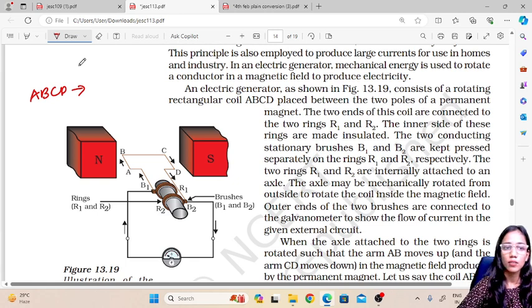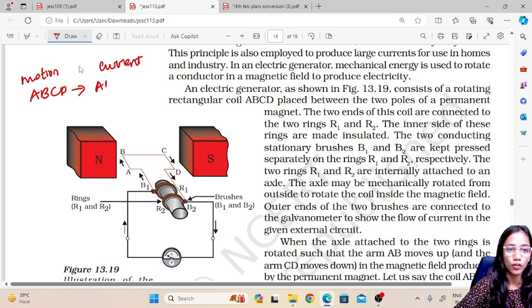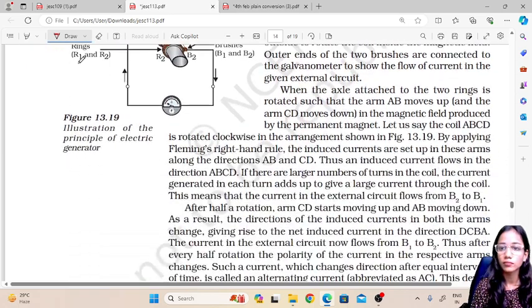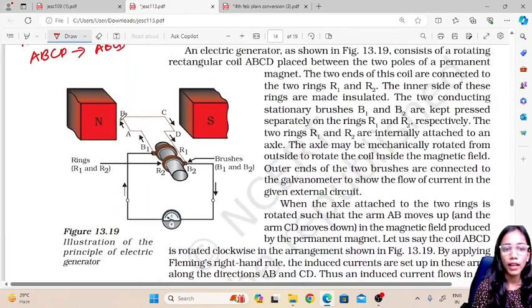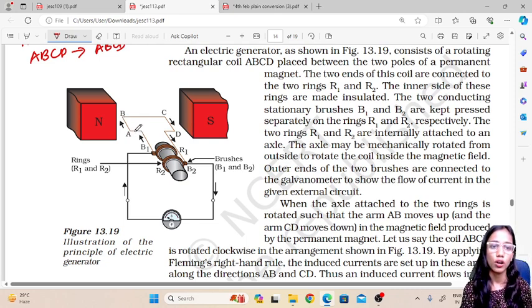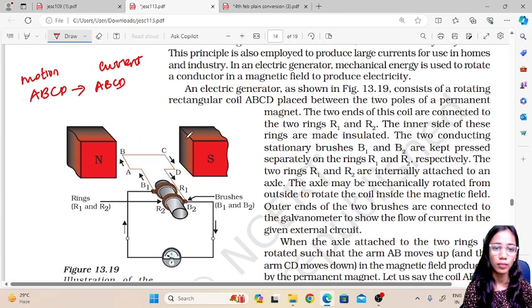The motion is in the direction A, B, C, D, and the current produced is also in the direction A, B, C, D. So under the influence of the magnetic field and the motion of the conductor, it is producing electric current in the direction A, B, C, D.